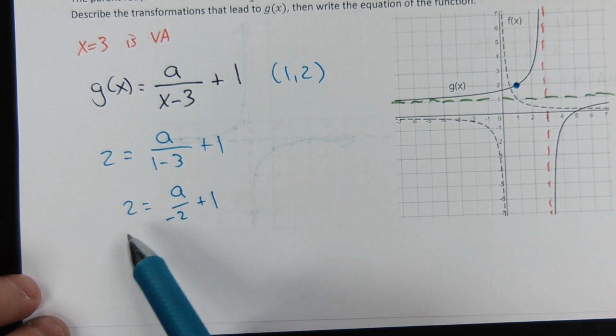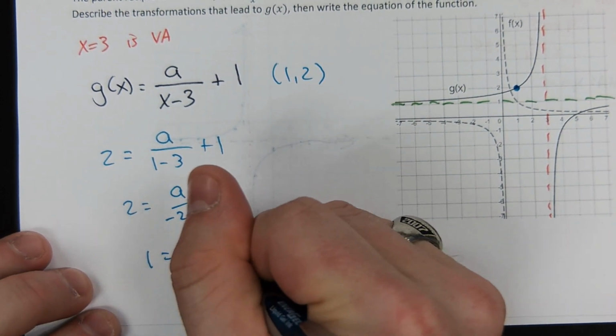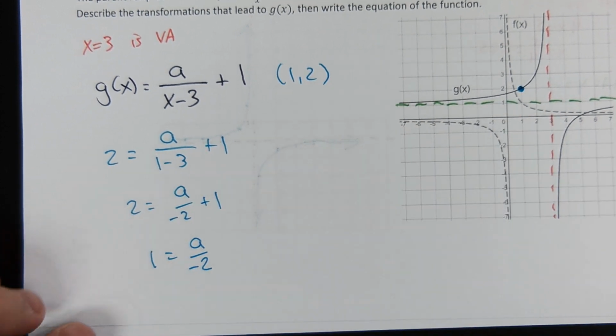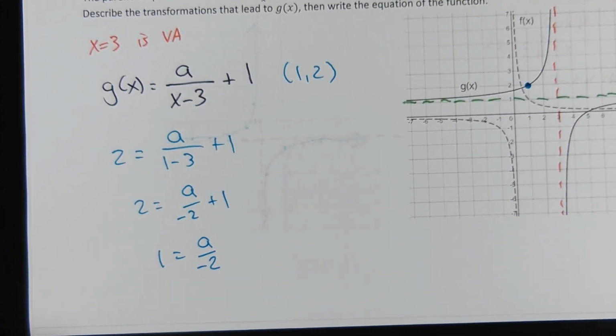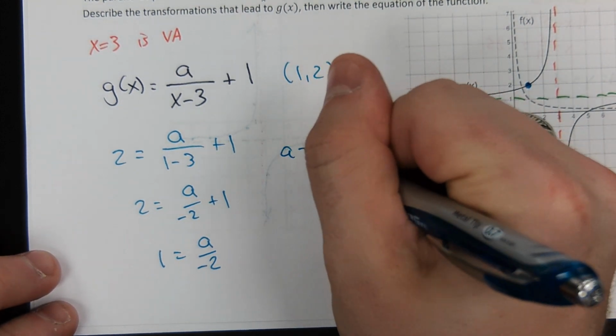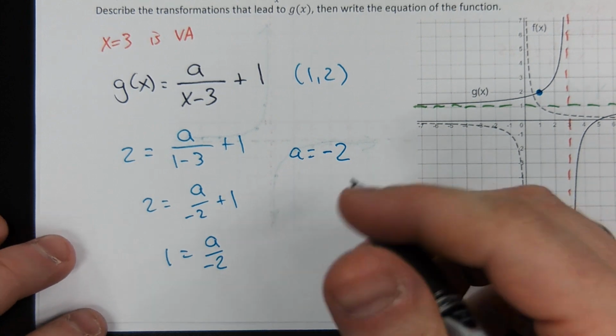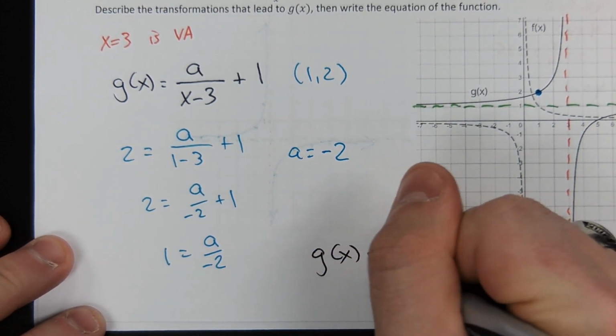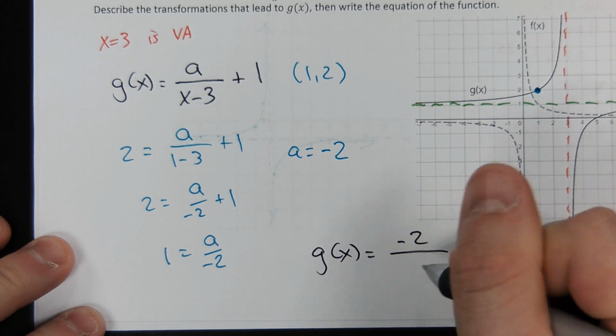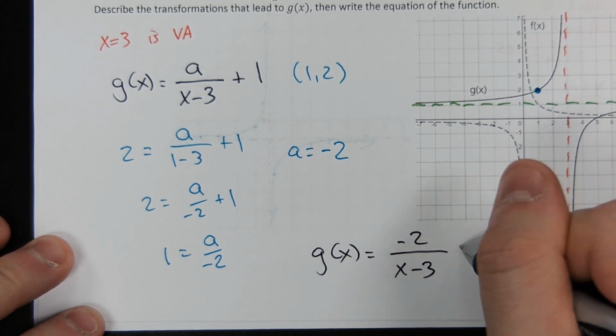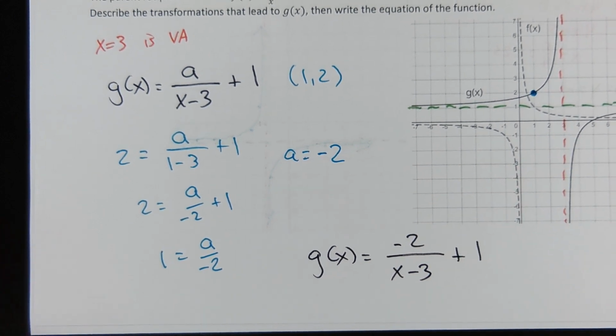Subtract 1 from both sides. 1 equals a over negative 2. How do we get a by itself? Multiply by negative 2. So a equals negative 2. That means your equation is g of x equals negative 2 over x minus 3, plus 1. Ta-da!